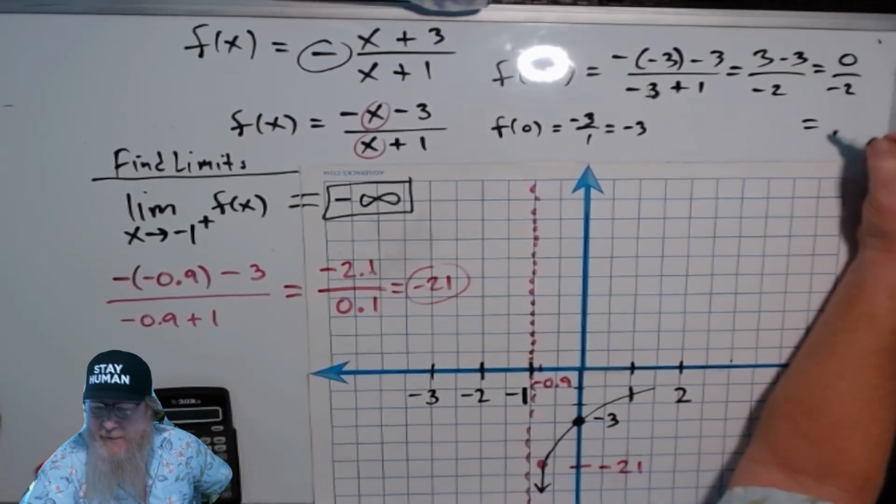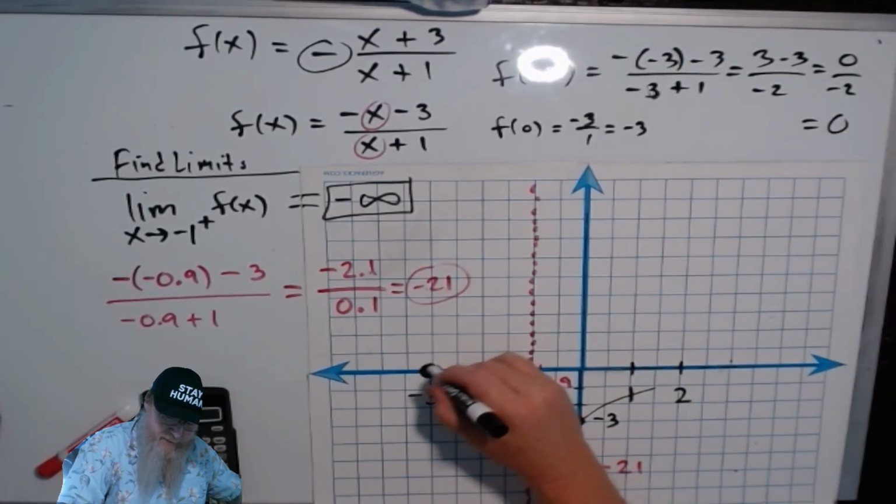Now that does exist. That's 0. So we have some dots here.